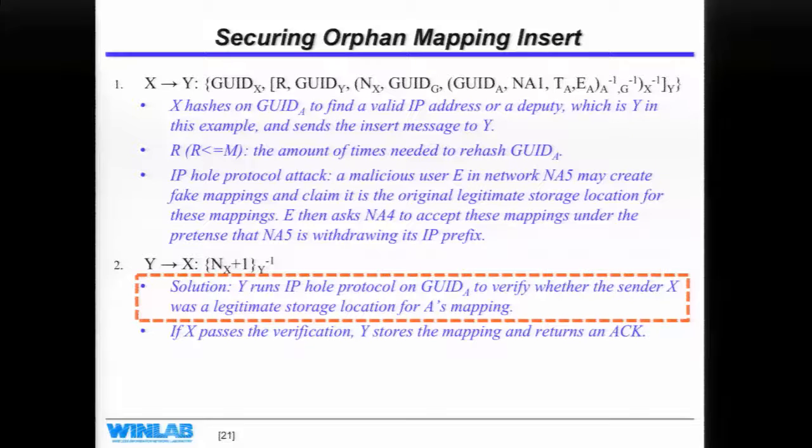Therefore, one can verify whether the mapping sender is really the legitimate storage location. If yes, then one accepts the mapping. Otherwise, it will reject. So that's the security solution we proposed for the orphan mapping insert.